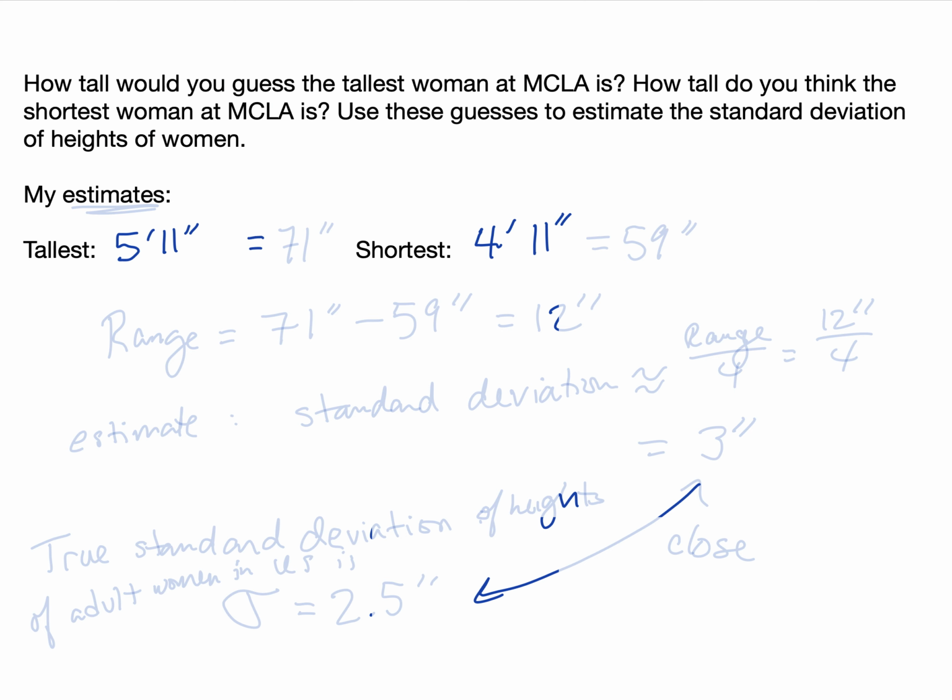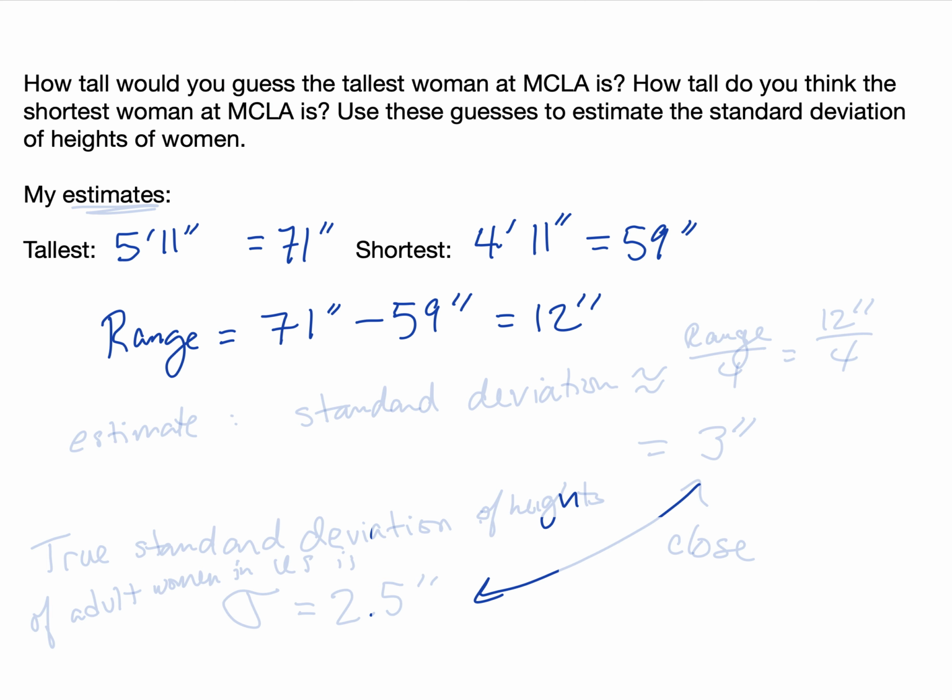If I wanted to, I could translate that totally to inches, so this would be 71 inches, and this would be 48 plus 11, 59 inches. So the range in this example is the largest value, 71 inches, minus the smallest value, 59 inches, which gives us a range of 12 inches.